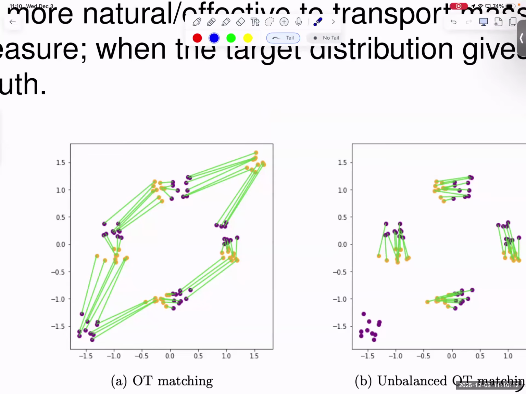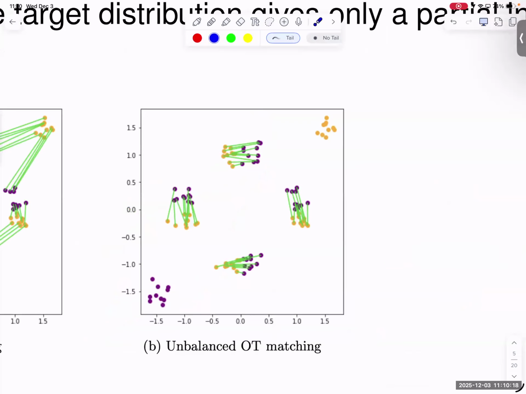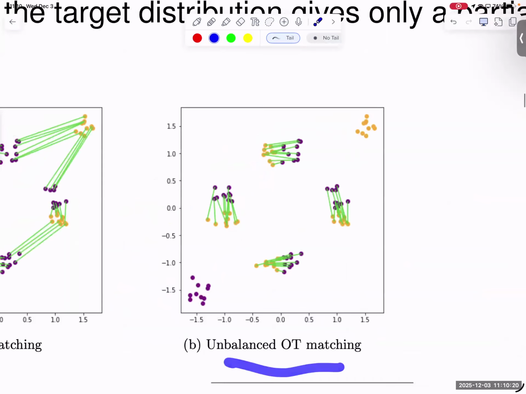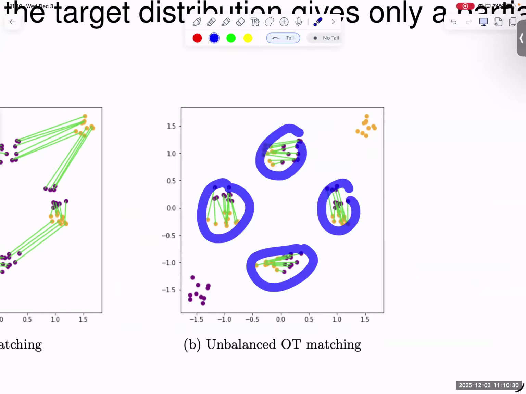But then maybe you don't want to match these. In fact, if you do the proper unbalanced optimal transport matching, then you don't match these, but you match only these.